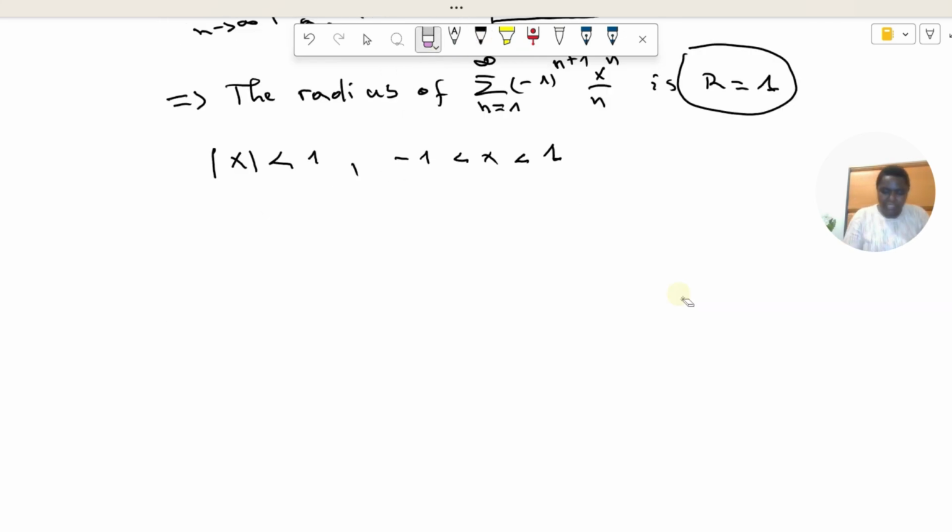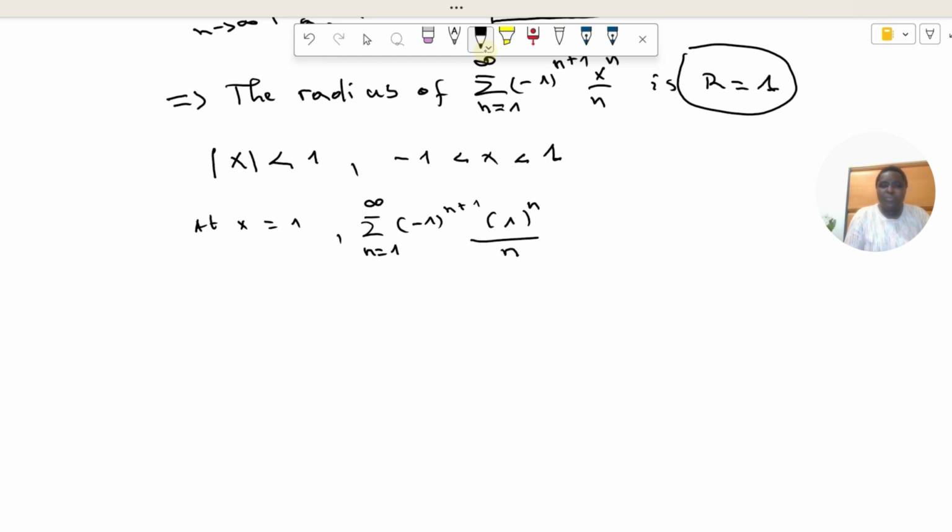Okay, you can see that at x equal to 1, our series will become the summation from n equal to 1 up to infinity of (-1) power n plus 1 times 1 power n over n.